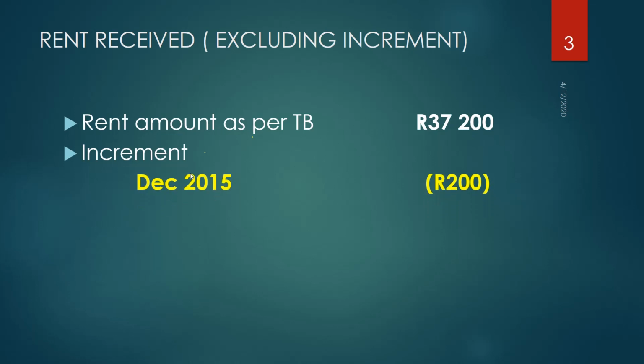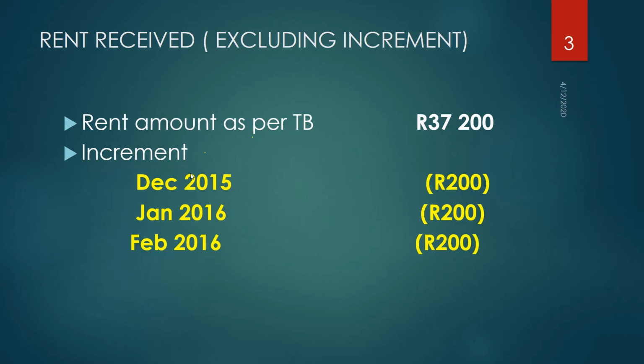We were specifically told that the increment came into effect on the 1st of December 2015 and it was 200 rents. So for the current financial year, we would have to deduct the 200 relating to January 2016, the 200 relating to February 2016, and the 200 relating to March 2016.